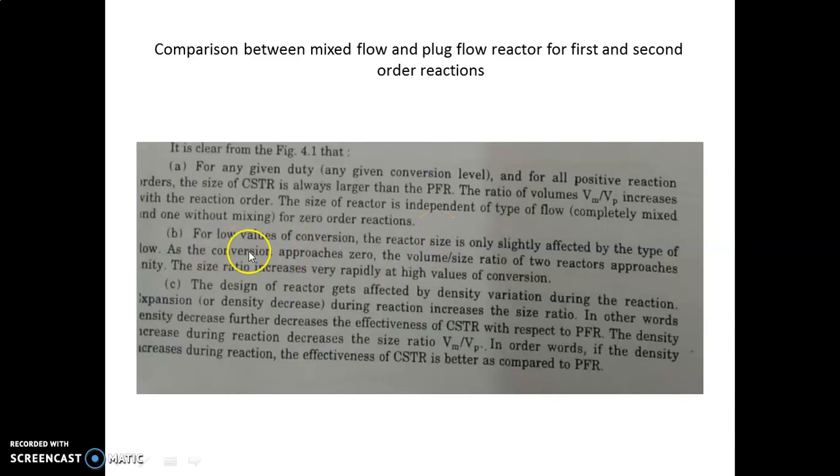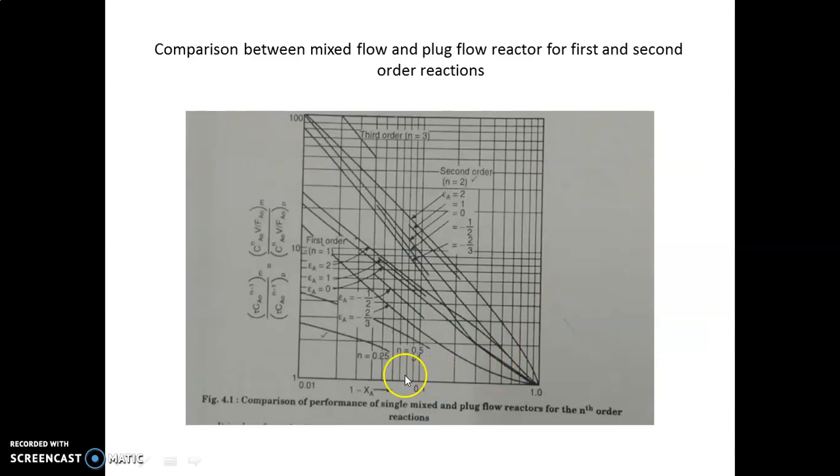Then the second conclusion is, for low values of conversion, the reactor size is only slightly affected by the type of flow. So here if the conversion level is low, then the volume ratio is near 1.